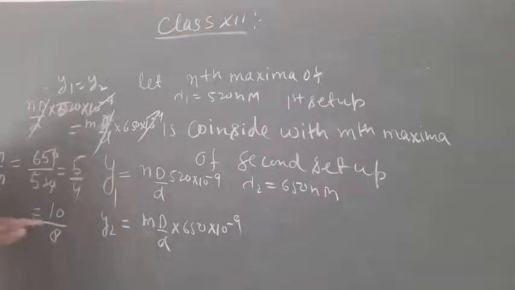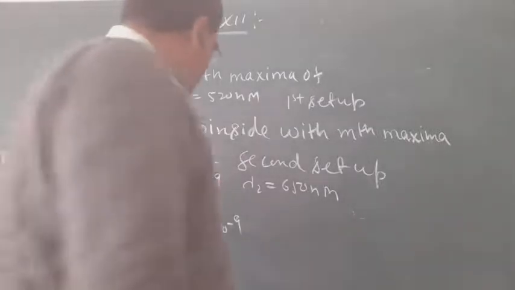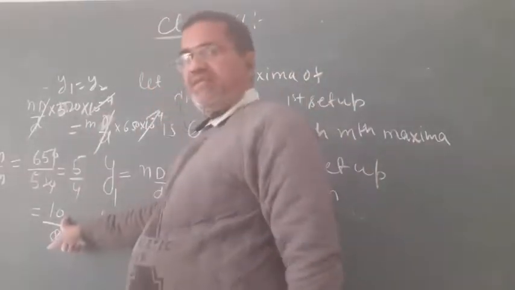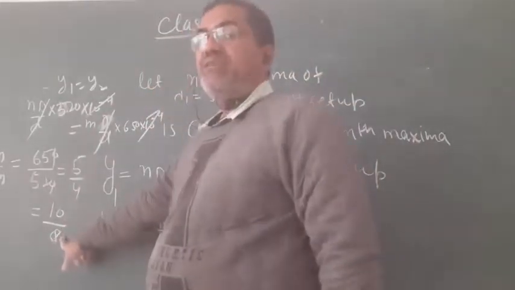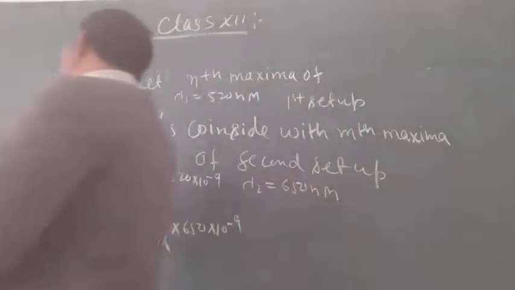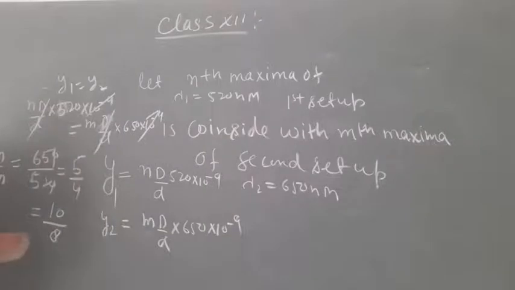This is the next maxima which coincides: the 10th bright fringe of the first setup coincides with the 8th bright fringe of the second setup. Similarly, further maxima which coincide are 15 by 12, and so on.